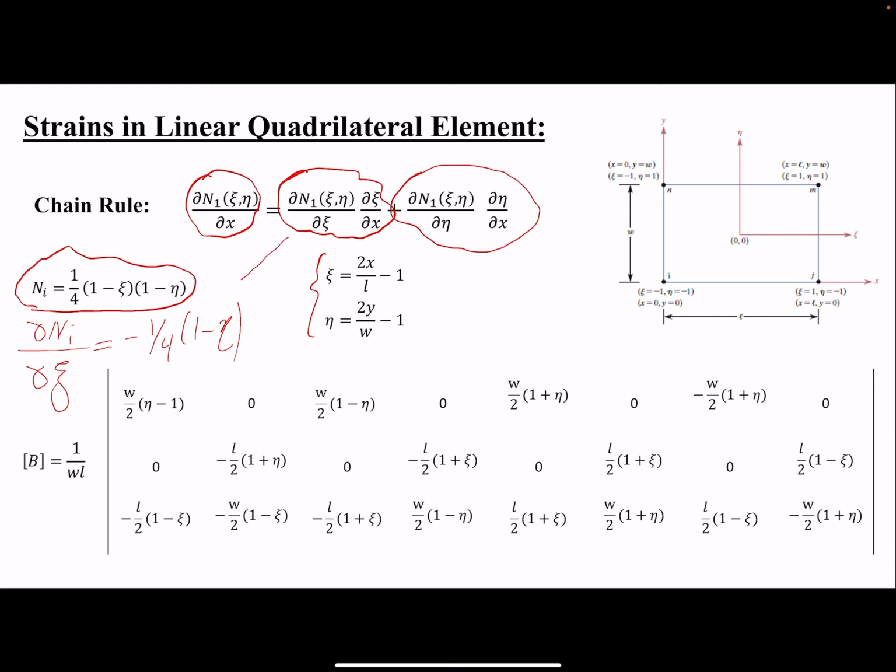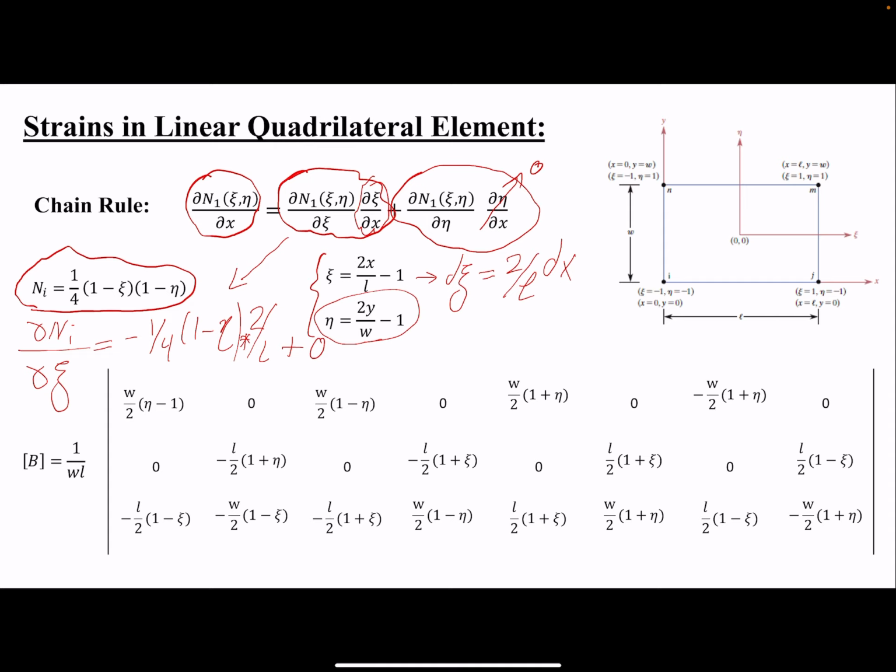That would be this part. The second part is partial Kc with respect to x. If I have dKc equal to 2 over L dx, then dKc over dx would be 2 over L. So I have 2 over L here. My chain rule has another component here. N1 with respect to eta, I can find this value. But eta with respect to x, there is no x here. So eta with respect to x would be 0. So I don't need to calculate the second component. It would be 0.